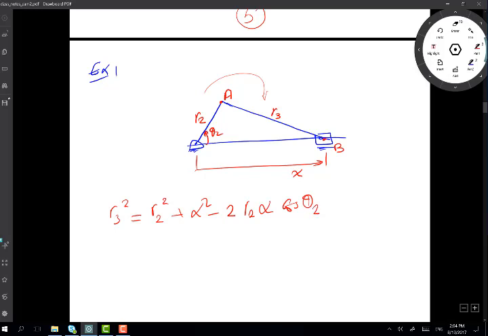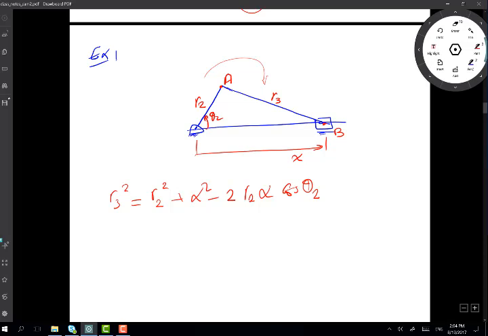So this gives me one equation. And in fact, that's a quadratic in terms of x, which I can endeavor to solve. So I can rearrange this equation: x squared minus 2 R2 cosine theta 2 times x, plus R2 squared minus R3 squared, that's equal to 0.